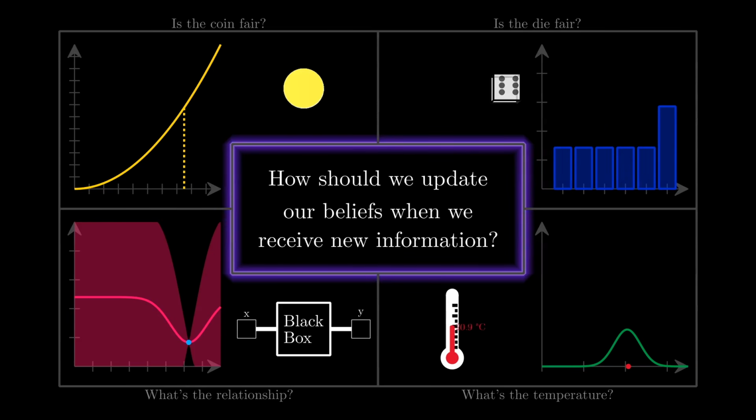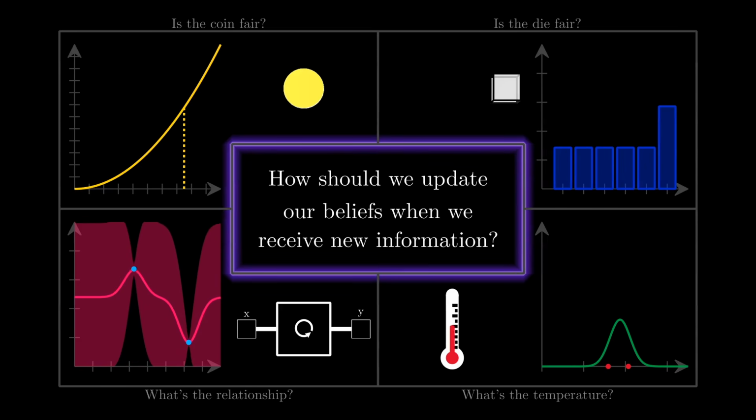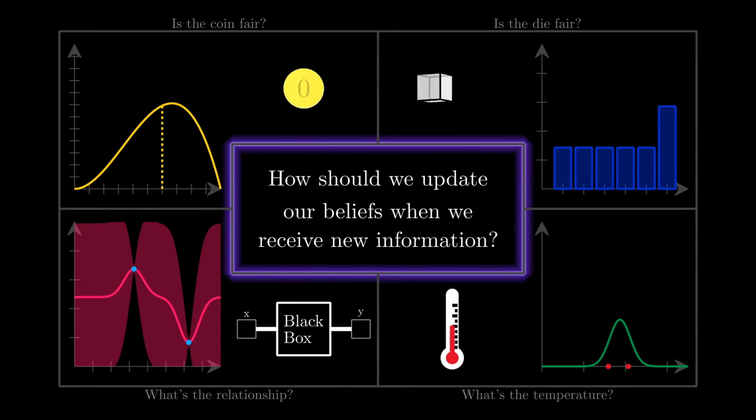To recap, in my video about sigma-algebras, we learned that probability theory can be interpreted as an extension to logic in the sense that a statement cannot only be true or false, but rather also be likely or unlikely.